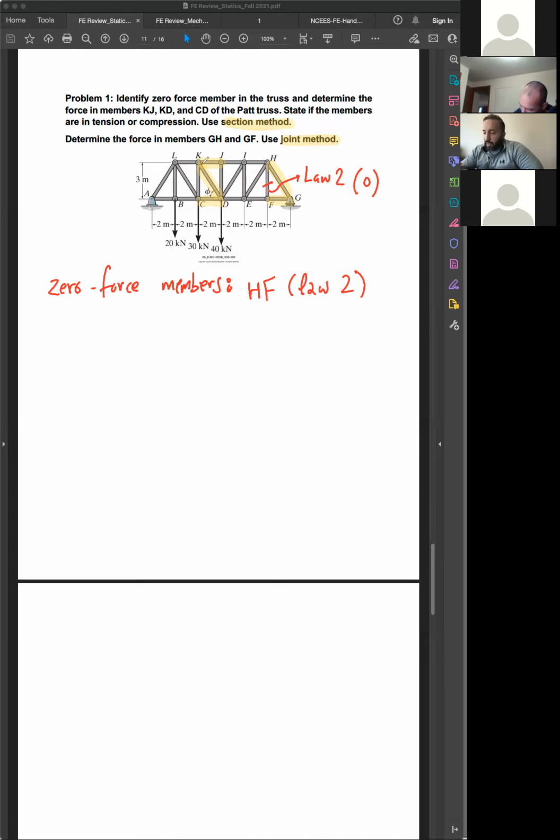Also look at this one. KJ and JI are collinear. No external force is coming to joint J, but a third member is coming there. So the third member is 0, again using the same law. KJ, JI, DJ coming to that joint, so JD, again by law number 2, is equal to 0.